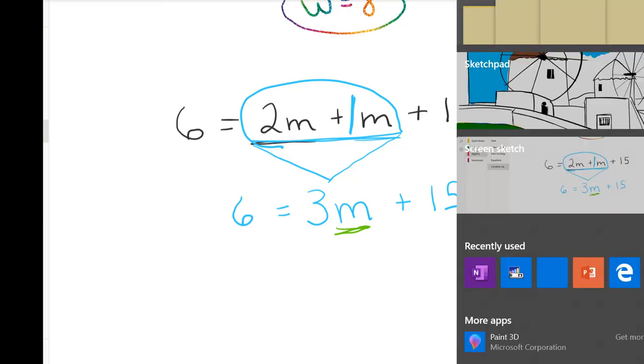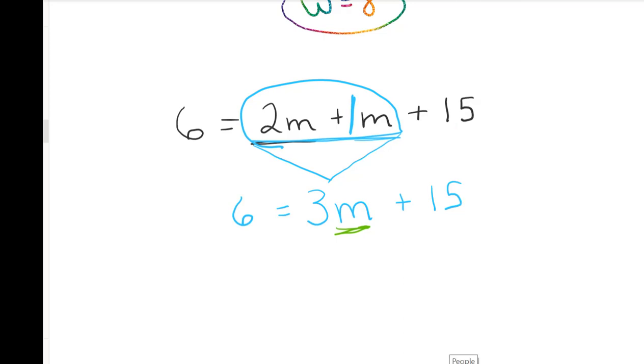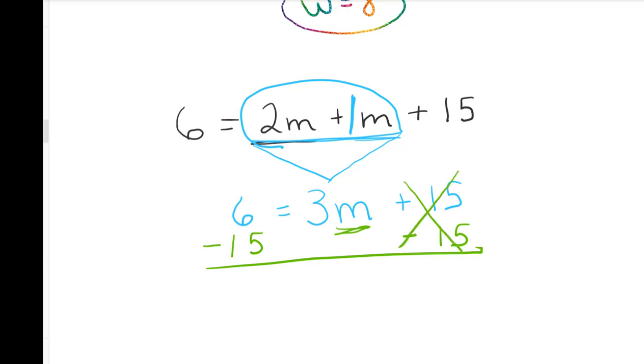To get rid of plus 15, the opposite is minus 15, here and with the 6, and these ones cancel. 6 minus 15, they're different signs, so I'm going to subtract. You can use your calculator. 6 minus 15 is going to give me negative 9, equals 3m.